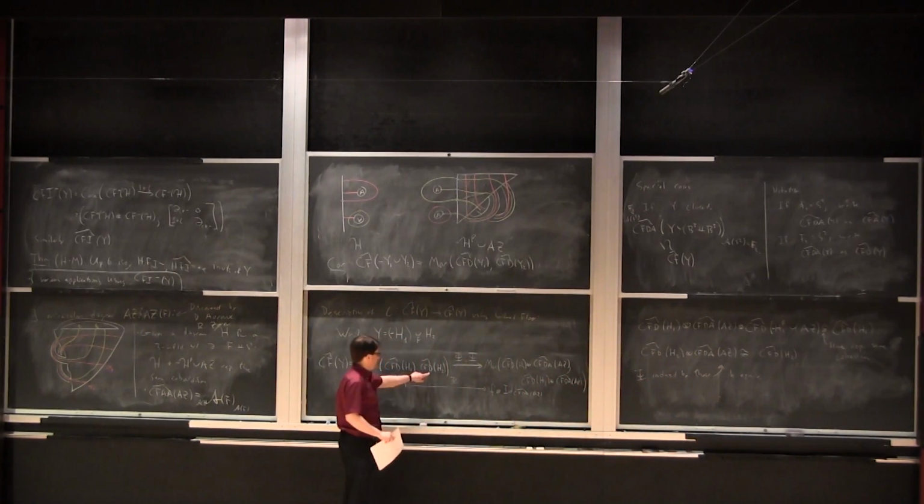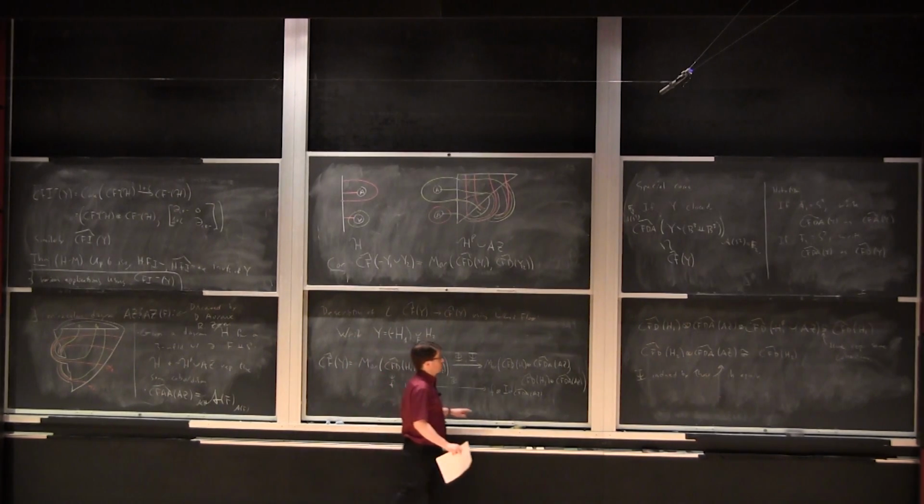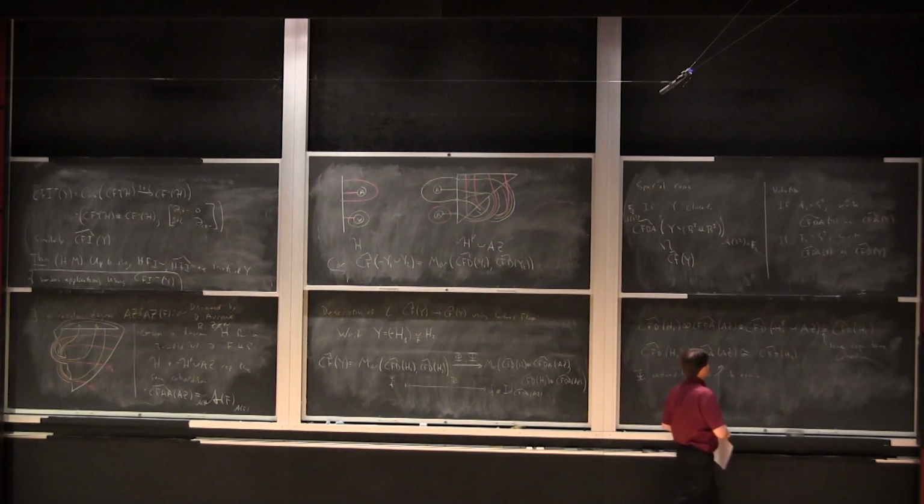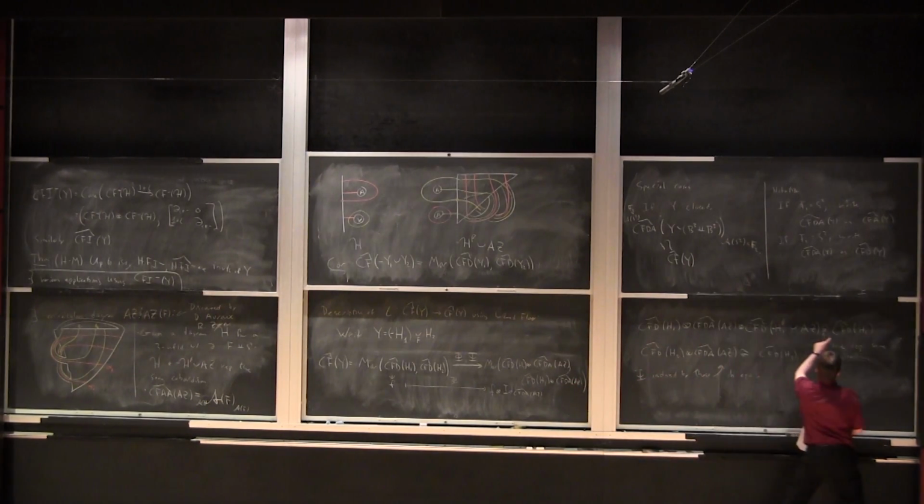if I have a map from H1 to H2, what you could do is, I now want a map from H1 tensor AZ to H2 tensor AZ. H1 tensor AZ is the same as H1, which maps to H2, which is the same as that. So the map is like there, there, and there. Okay, so this is psi.